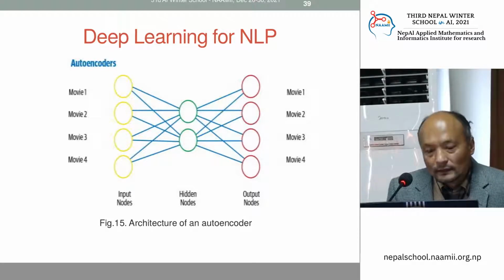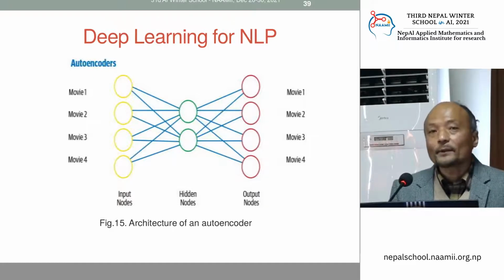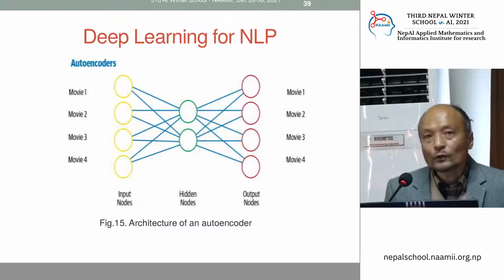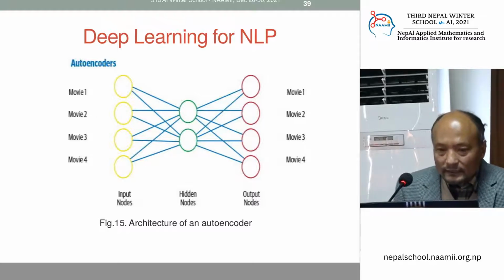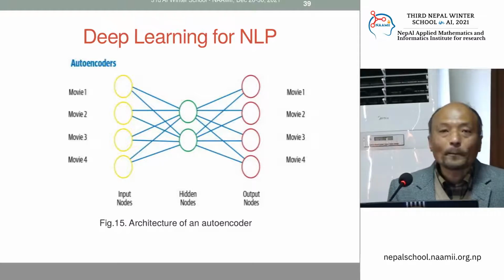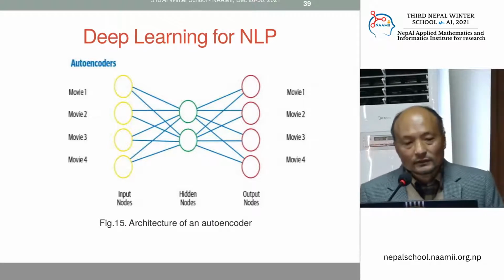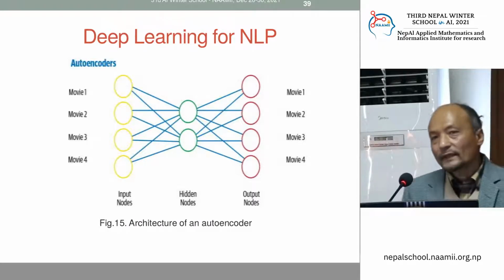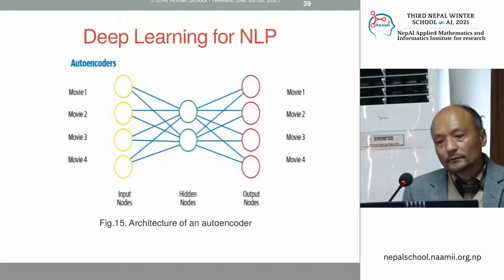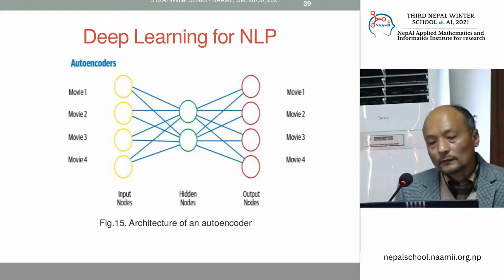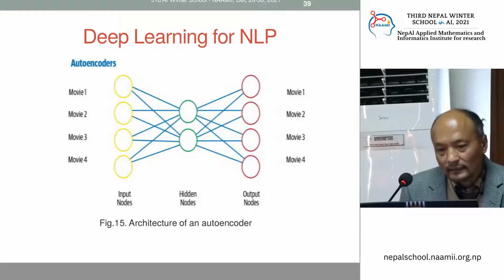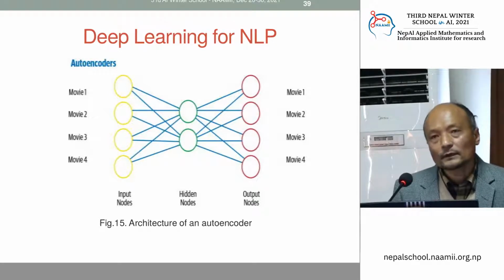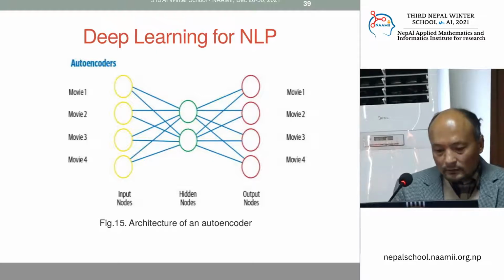That gets compactly represented in the hidden nodes, and then that compactly represented information about the movies is decompressed in the output nodes, and used for further feature representation or the like.